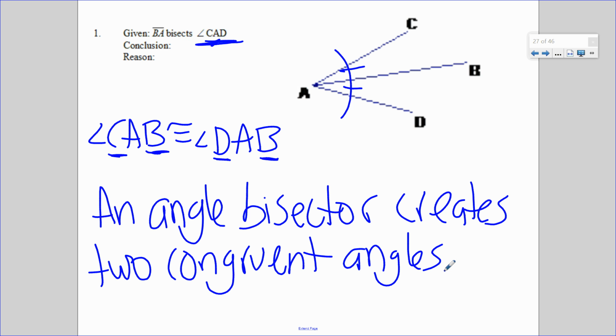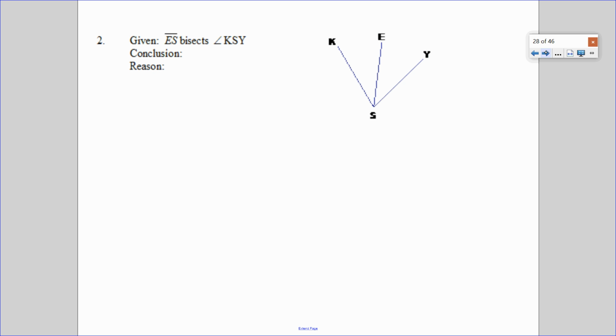So if an angle is being bisected, if you see an angle after the word bisect, it's an angle bisector. And since an angle is being cut in half, we're getting two congruent angles. If there is a line segment after the word bisect, that would be a line bisector, and that would be two congruent segments.